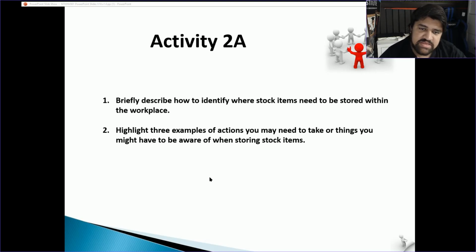Right? Highlight 3 examples of actions you may need to take or things you might have to be aware of when stock taking items. So you're looking at the best before dates, the use by dates, also the quantity, the quality of the item, if there's any damage.